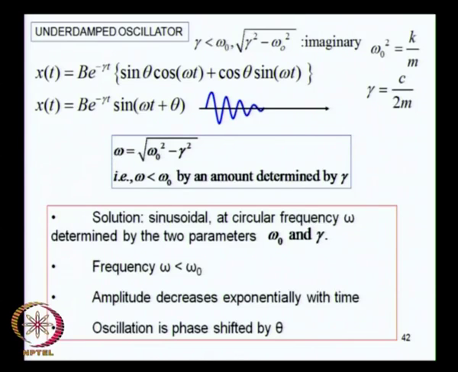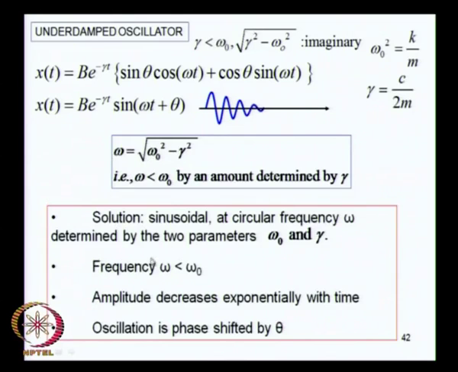So, this oscillator will have oscillations, but not at the original natural frequency of omega 0, but at a slightly different frequency. Motion is sinusoidal at a frequency omega which is less than omega 0. Why less? Because you are taking the square root of omega 0 square, but diminished by a factor gamma square. So, omega will have to be less than omega 0.